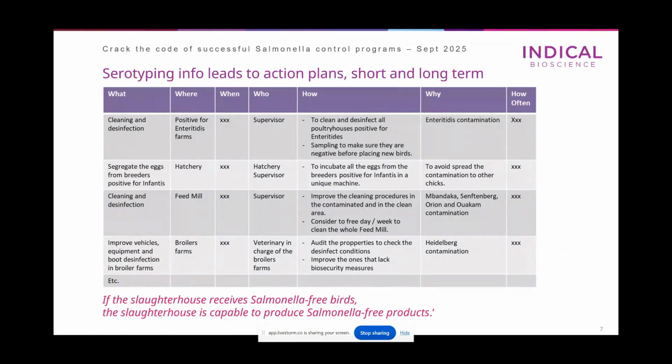So if you know that you have, for instance, M. Vandaca, Seftenberg, Orion, and Uacan coming from the feed, you just take measures there. If you understand that the hatchery may be the problem, then you have to take measures to avoid that contamination. Eventually, if the slaughterhouse receives salmonella-free birds, the slaughterhouse will be able to produce salmonella-free products.